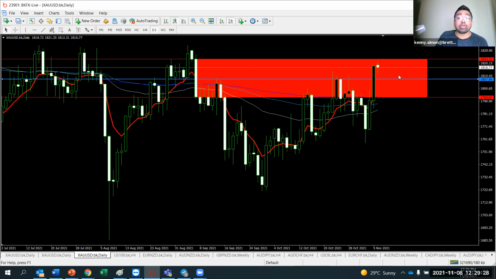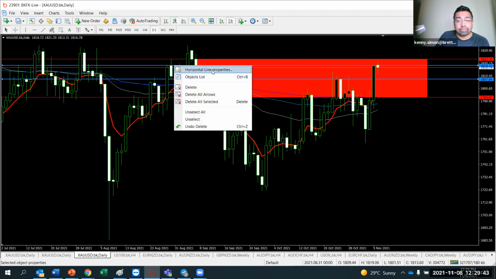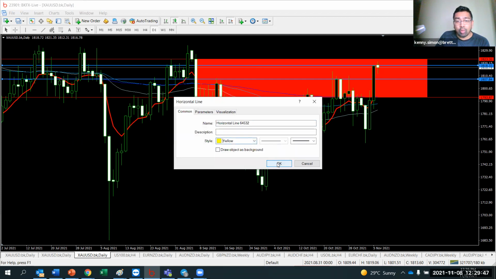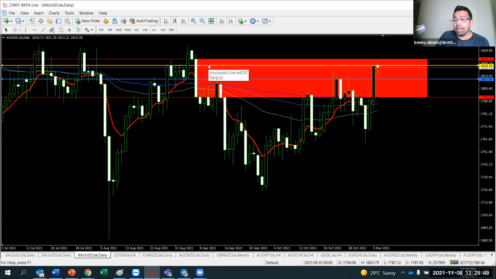But what's important is to look ahead, and at the top, we're looking at more challenges with resistance all over the place. So we've also got a resistance area right here that I would like to mark perhaps in yellow, just so that we are aware of yellow resistance lines right here, as well as blue support lines.